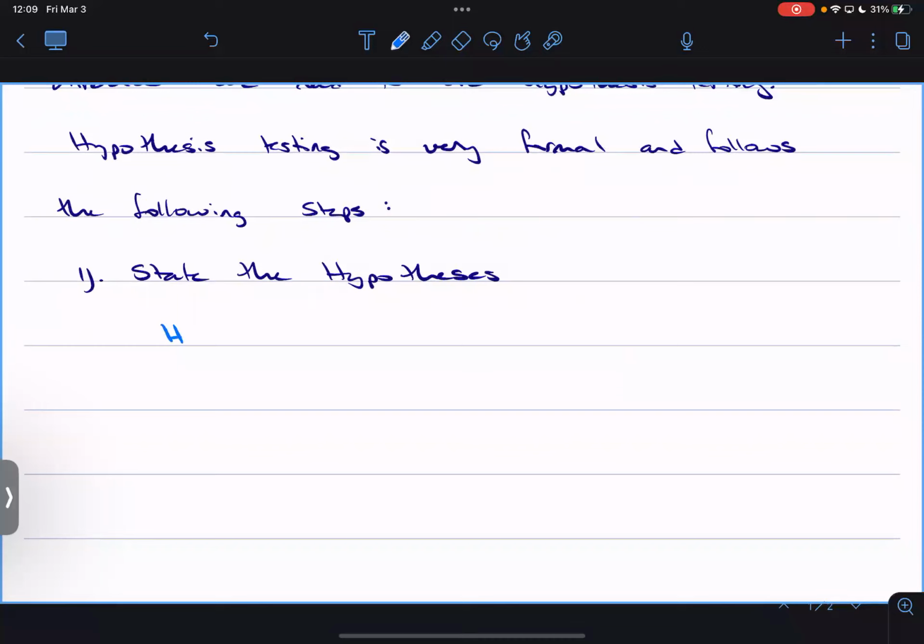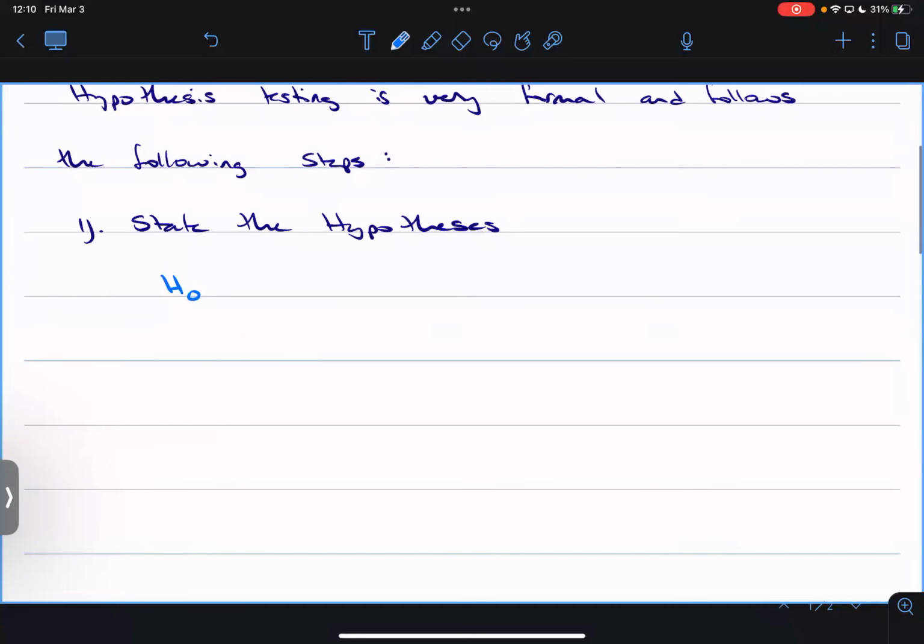We're going to have H with a subscript 0. H naught is how we read it, or null. Null means zero, and naught means zero as well. So you can read it as H naught or null hypothesis.